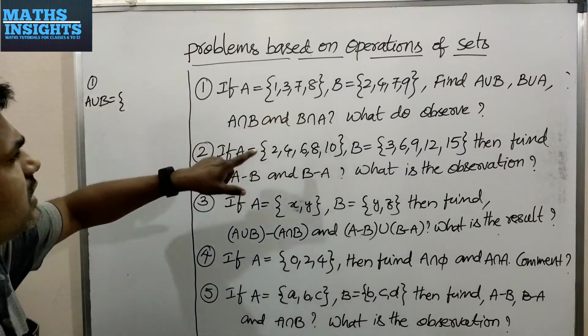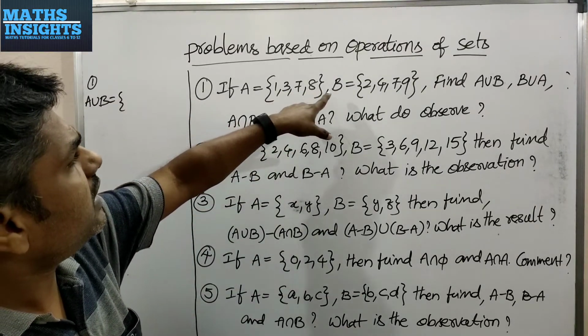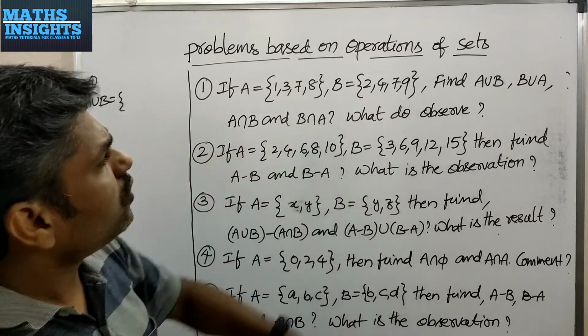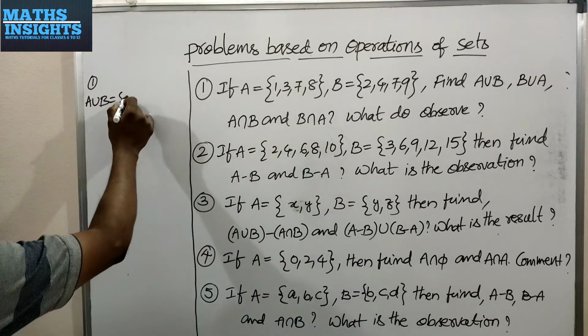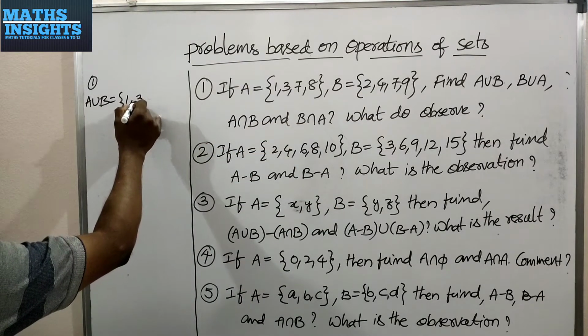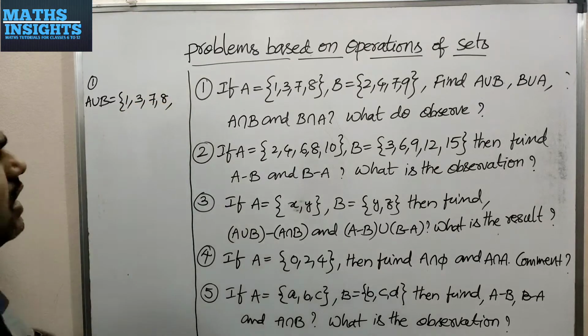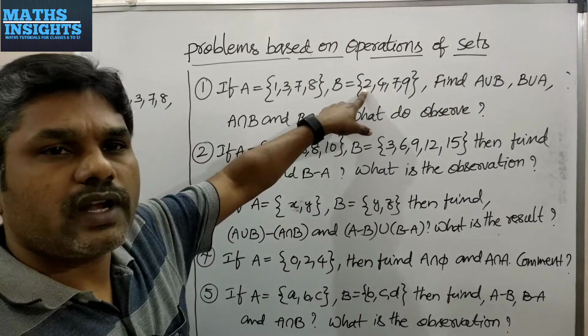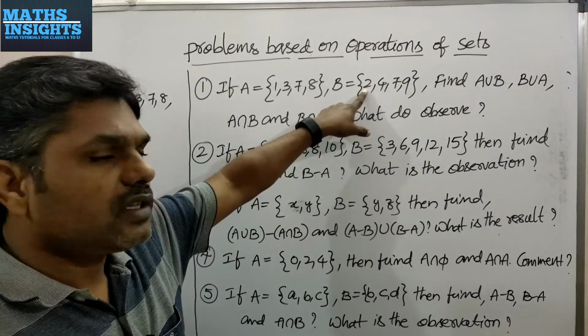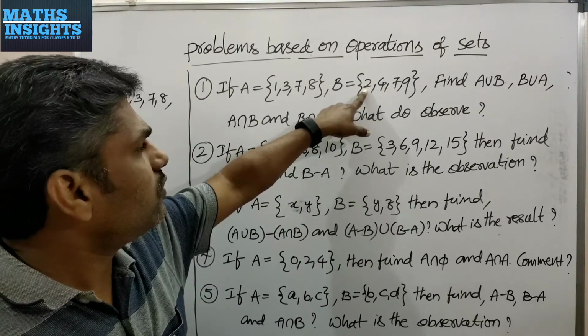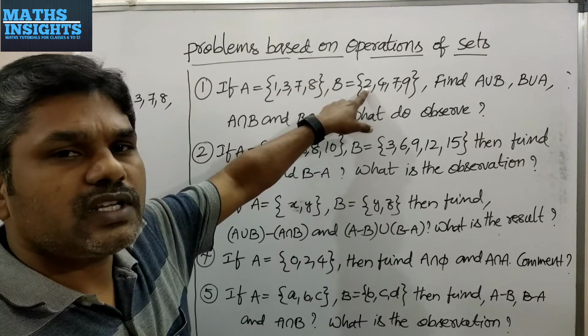So if you see A is 1, 3, 7, 8, B is 2, 4, 7, 9. First I am writing all the elements of A, 1, 3, 7, 8. And I will start to write the elements of B. Then you have to be careful whether it is repeating in A or not.